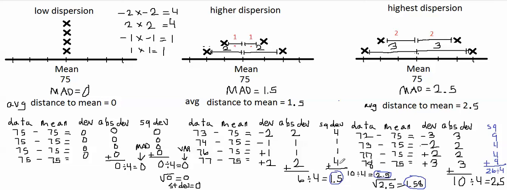So the variance did go up. And it went up just because the squared deviations are bigger. Instead of being 4s and 1s, the squared deviations are now 9s and 4s.